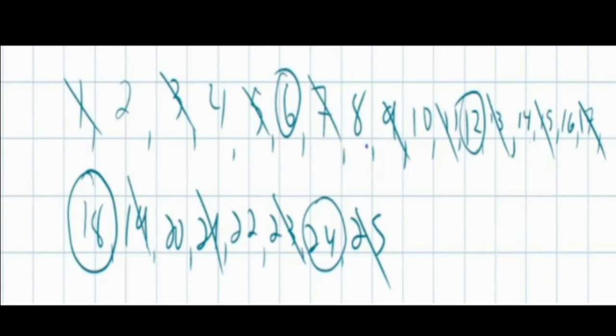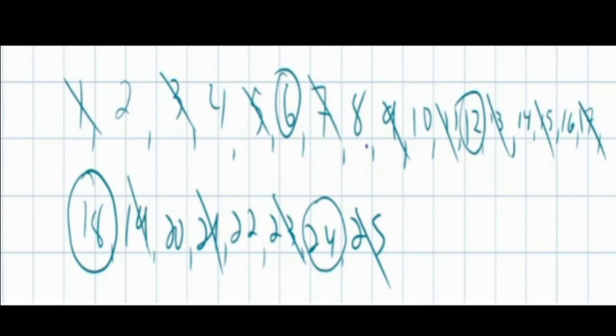Question 49 says, what is the probability that an integer x, where x is between 1 and 25, including 1 and 25, is chosen at random, is divisible by both 2 and 3? So first off, you need to know how to check for a number that's divisible by 2 and divisible by 3. To check if a number is divisible by 2, you just have to see that the number is even.